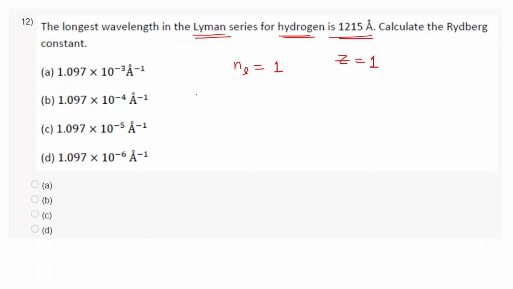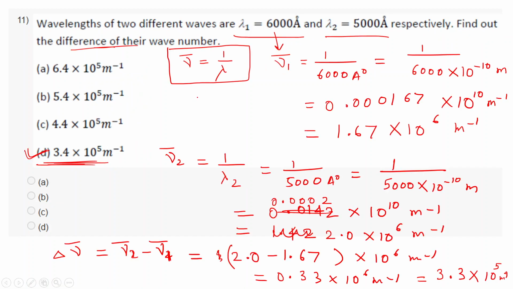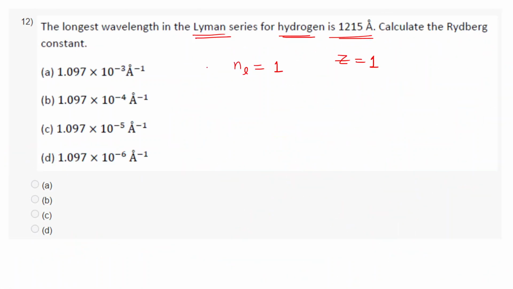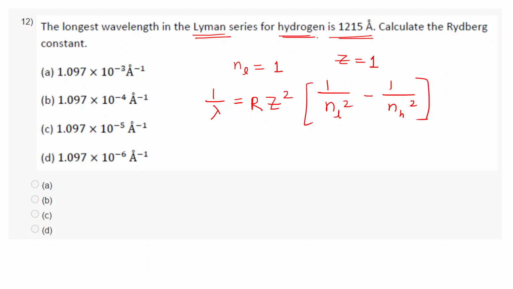Calculate the Rydberg constant. So what was the Rydberg formula? Here we had seen it, right? The Rydberg formula says 1 over lambda is the Rydberg constant, times the square of the atomic number, multiplied with 1 over the lower level squared minus 1 over the upper or higher level squared.